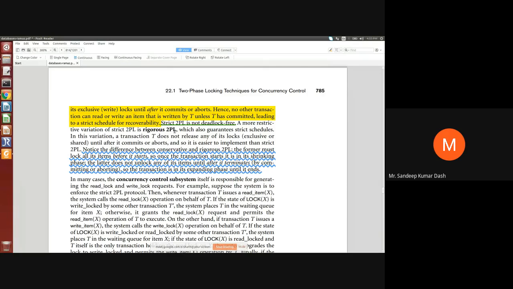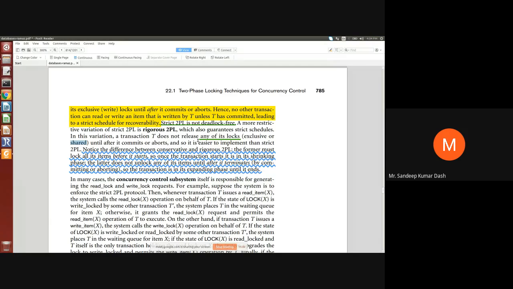Rigorous two-phase locking says that you cannot release any of the locks acquired by the transaction until it completes, whether it is an exclusive, write lock, or a shared, read lock. Be it any type of lock acquired by the transaction, it cannot release any lock until it completes.